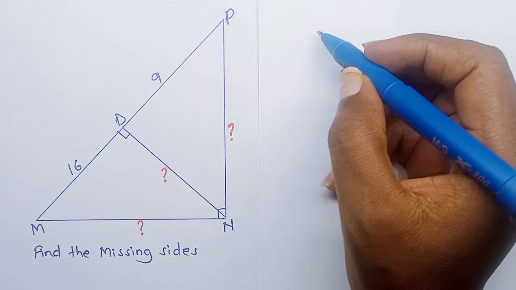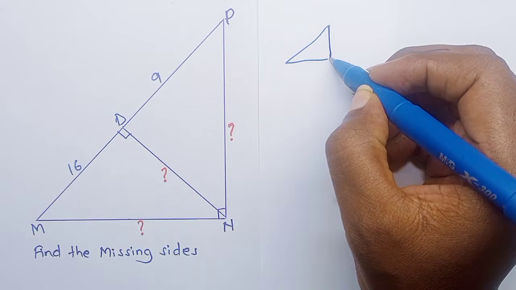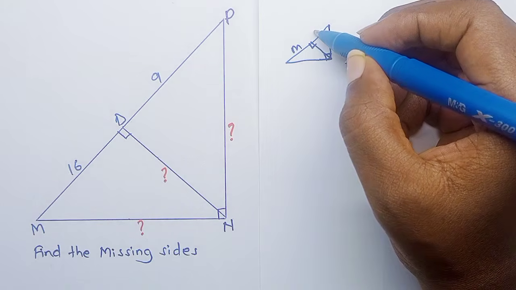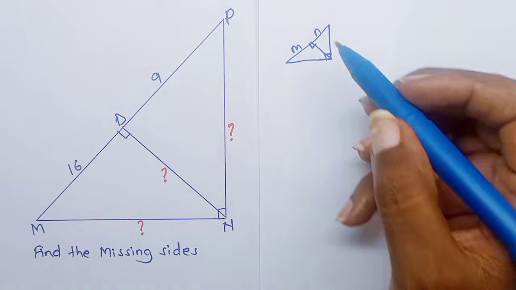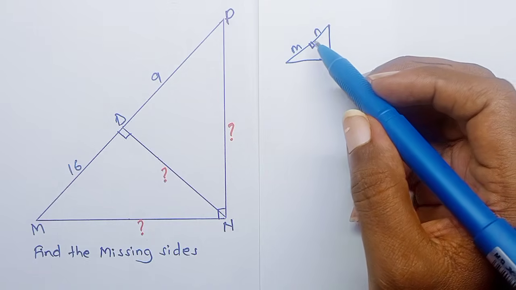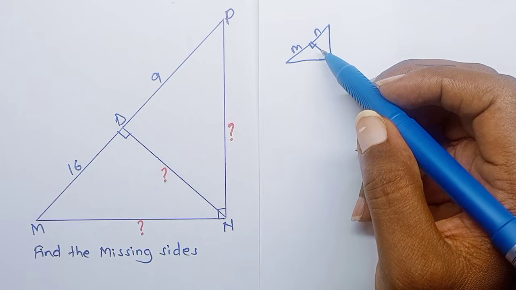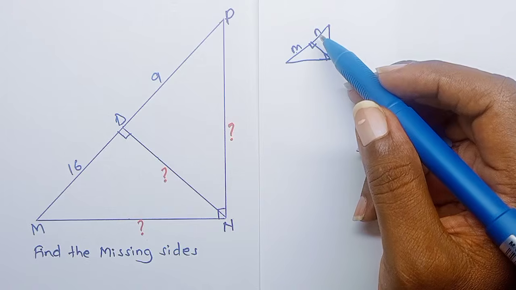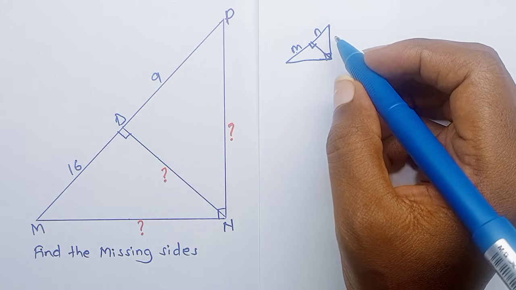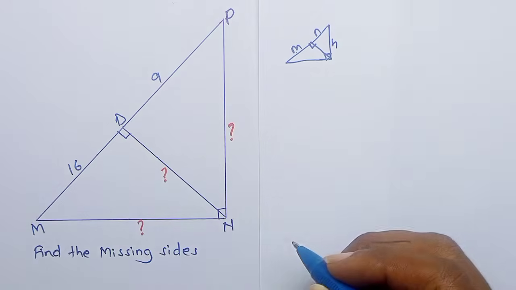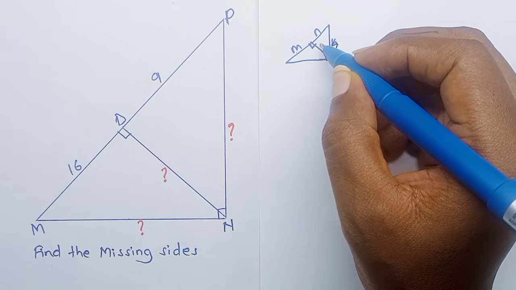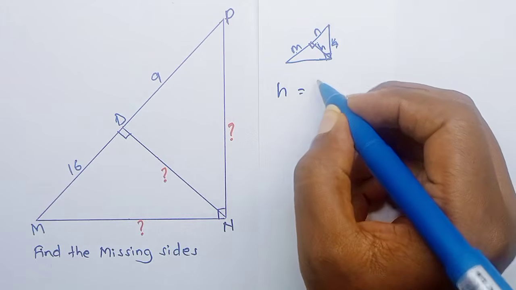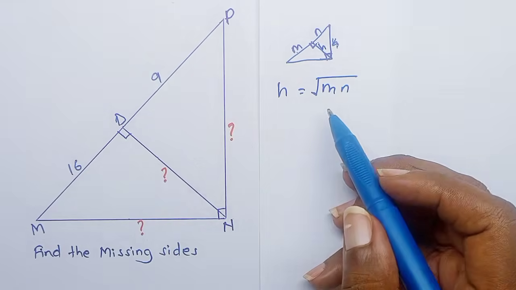So if you have a right triangle and inscribed inside it is also another right triangle, and we have this side as M and then this side as N, and this is the height H, from here to here, then H is equal to root of MN.